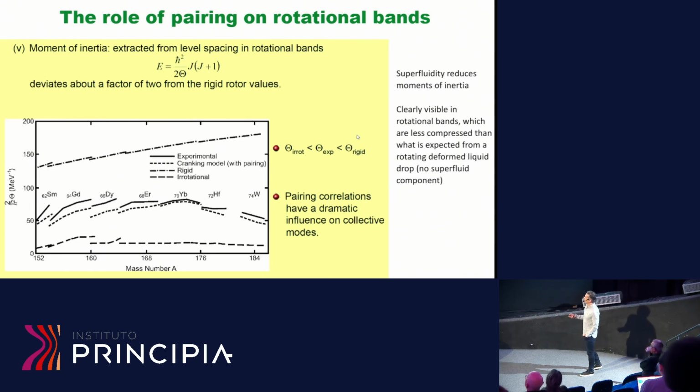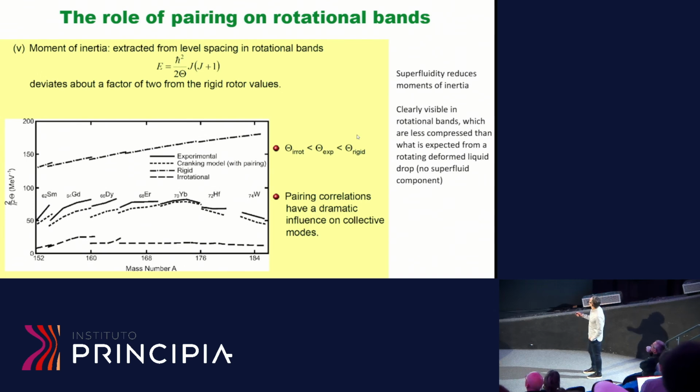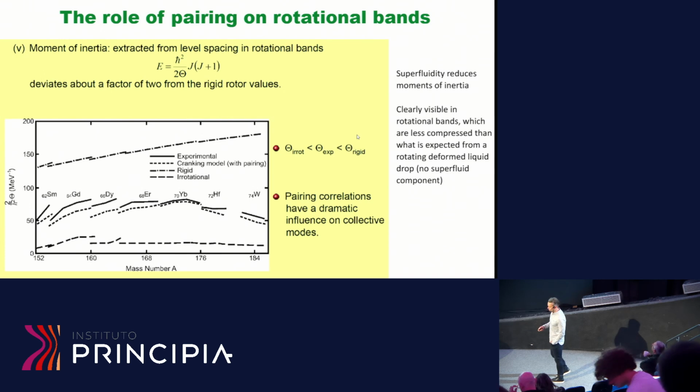So the impact of the superfluid phase, or the rotational flow, really impacts this rotational structure and the extracted moment of inertia. Once you include that in, let's say, this cranking model, you nicely reproduce data. So we know that superfluidity, from this data, reduces the moment of inertia.